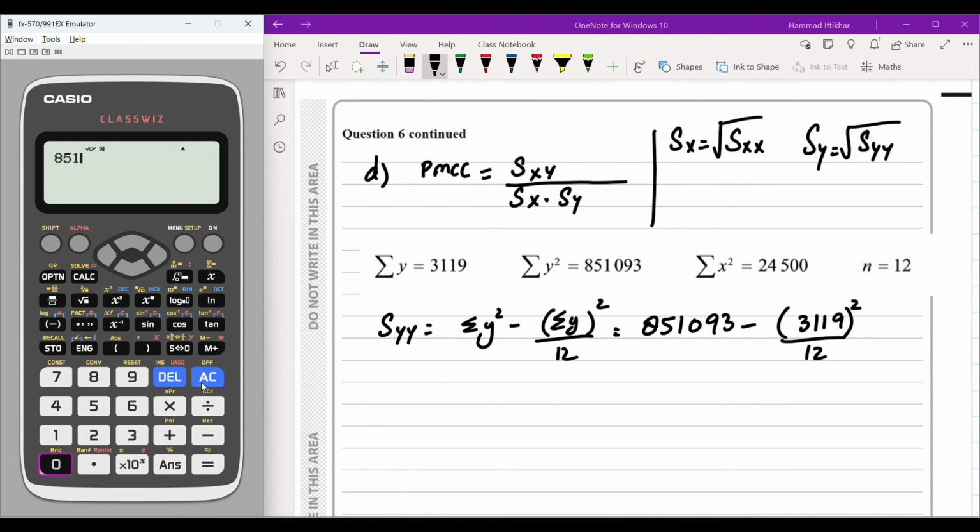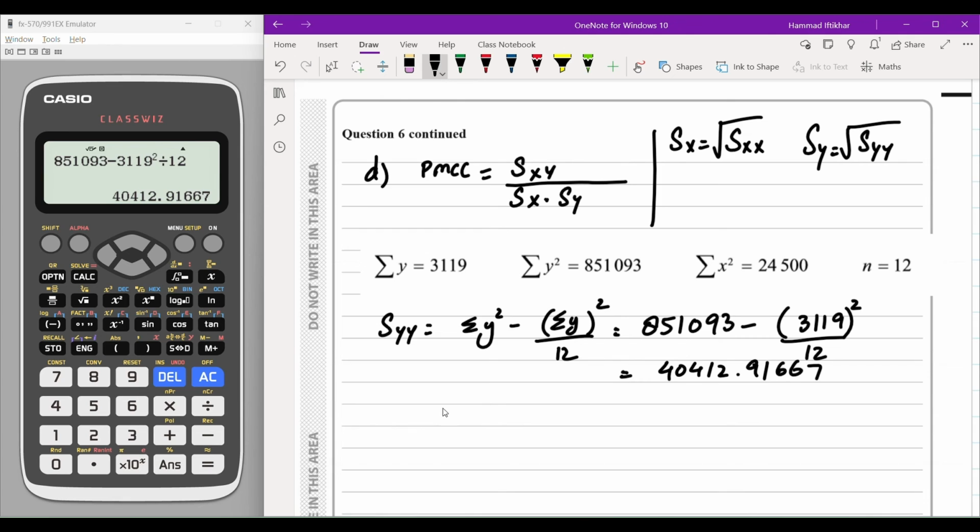So 851,093 minus 3119 whole squared divided by 12. So that is equal to 40412.91667.